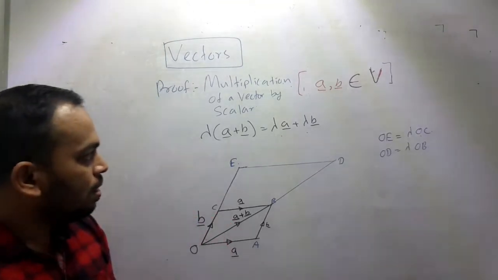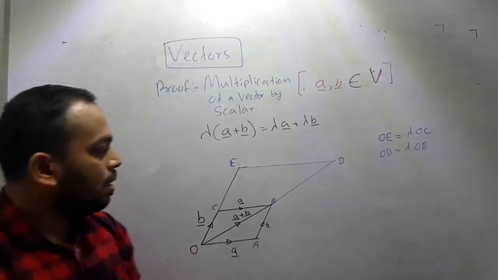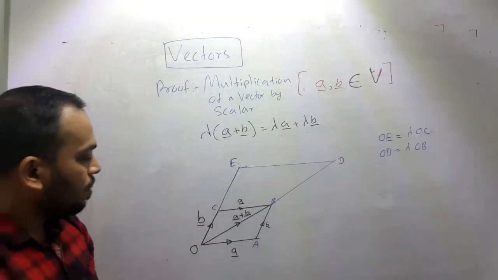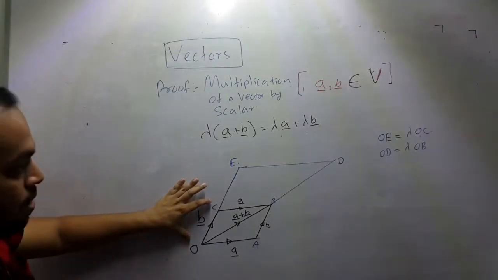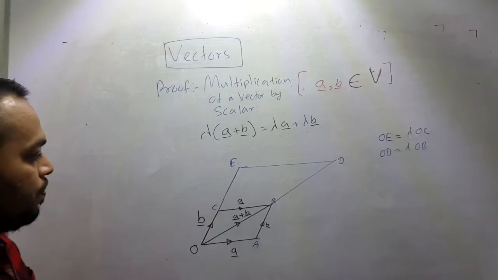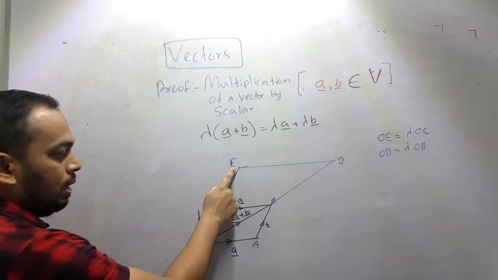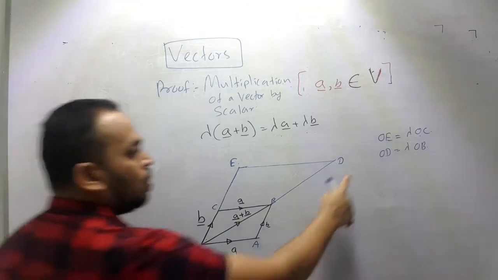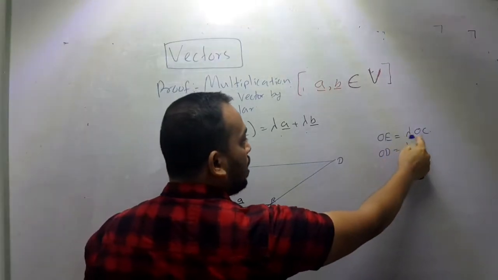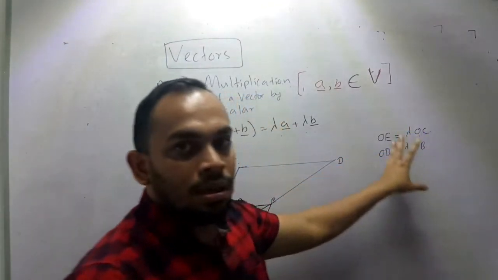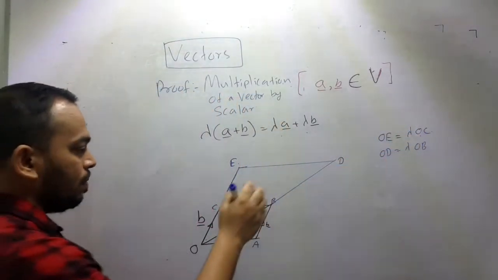Right, so next we're going to construct this part here. In order to do that, I'm going to change OE. So I'm going to extend this OC to E such that OE is equal to lambda times OC. So these are just sides, okay, not vectors there.